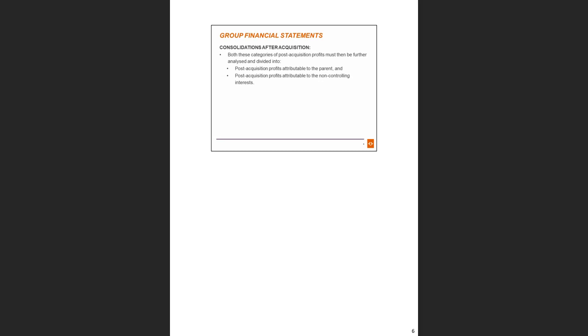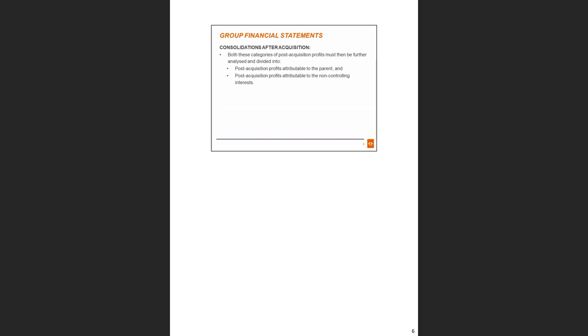So when we analyze these post-acquisition profits, we are going to be looking at the subsidiaries' profits, which is basically 100% of their profits. But now remember, when a company is not wholly owned, the profits of the subsidiary do not belong all to the parent. A portion of the profits belong to the minority shareholders, being the non-controlling interest.